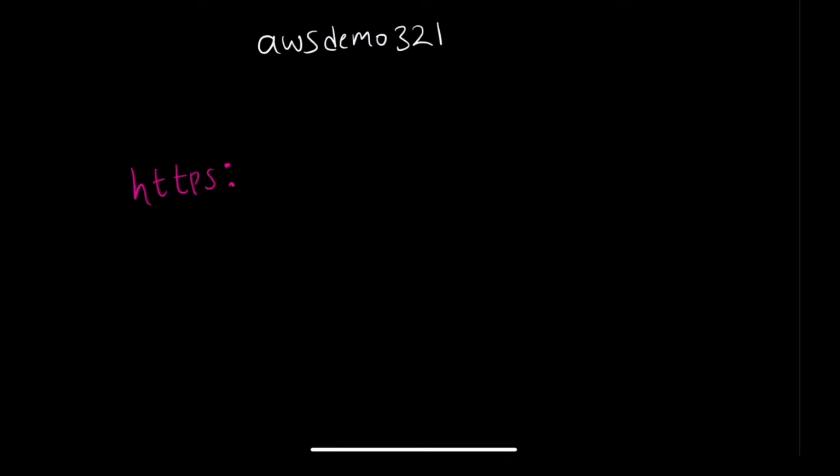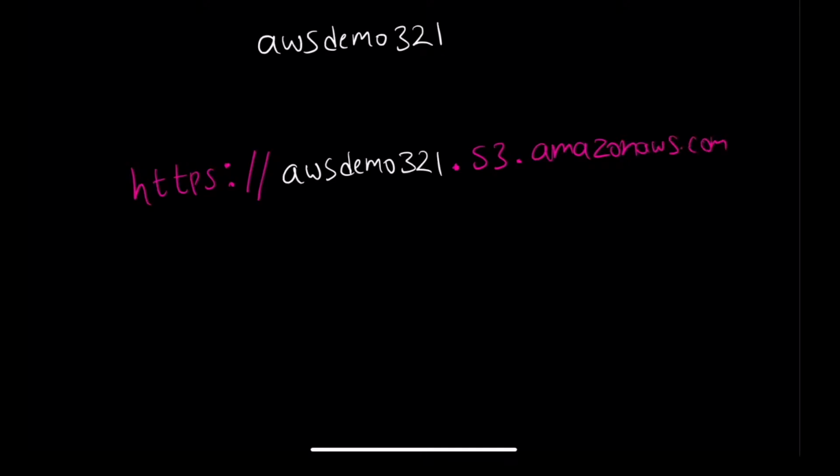HTTPS, the name of the bucket, dot s3 dot amazonaws.com, and after this, whatever file you upload, the name of the object.